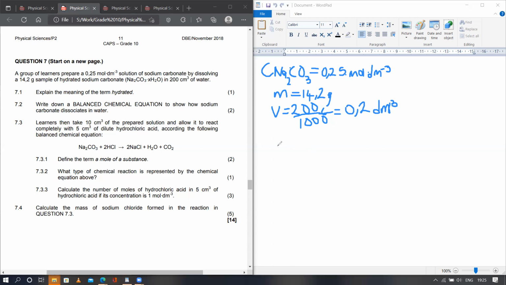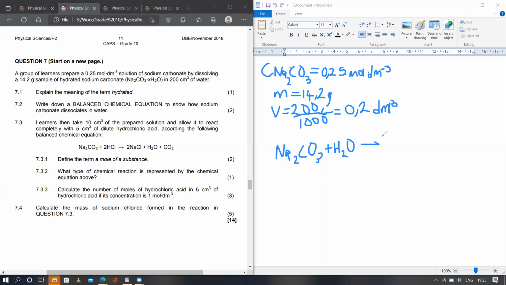So you're going to have something like Na2CO3 plus water. Sometimes it's not even necessary for you to write the water, but let me just write it in this particular case.